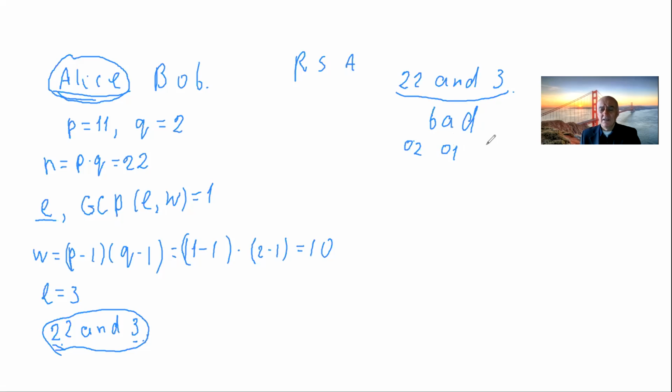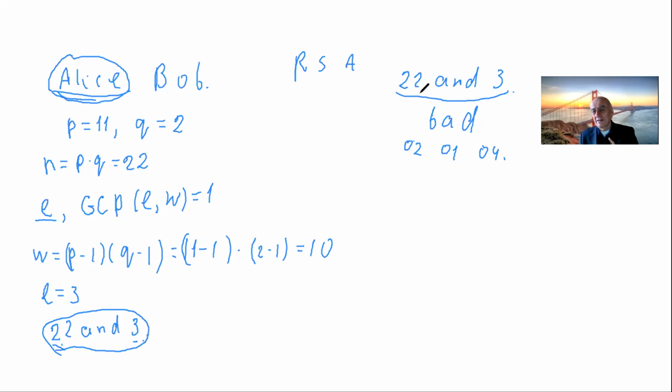And D is the fourth letter, and we denote it by 04. Also, Bob knows the public key, and his goal is to encrypt this message BED and send it to Alice.